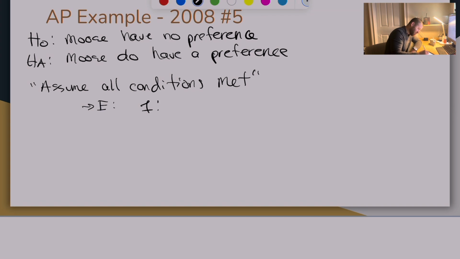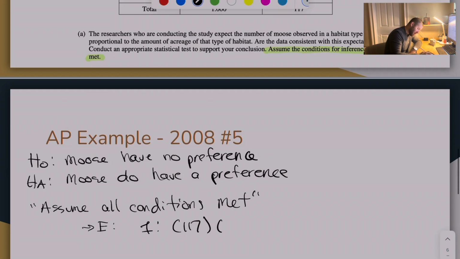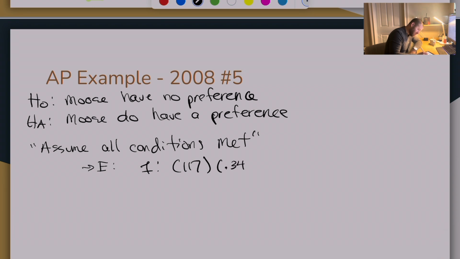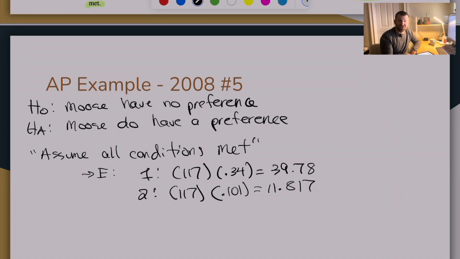For habitat type 1, I would take 117, which is my sample size, times 0.34, and that gives me an expected number of 39.78. For habitat type 2, I would take 117 and multiply that by 0.101, which gives me an expected number of 11.817. And so this is how you would actually compute the expecteds here.